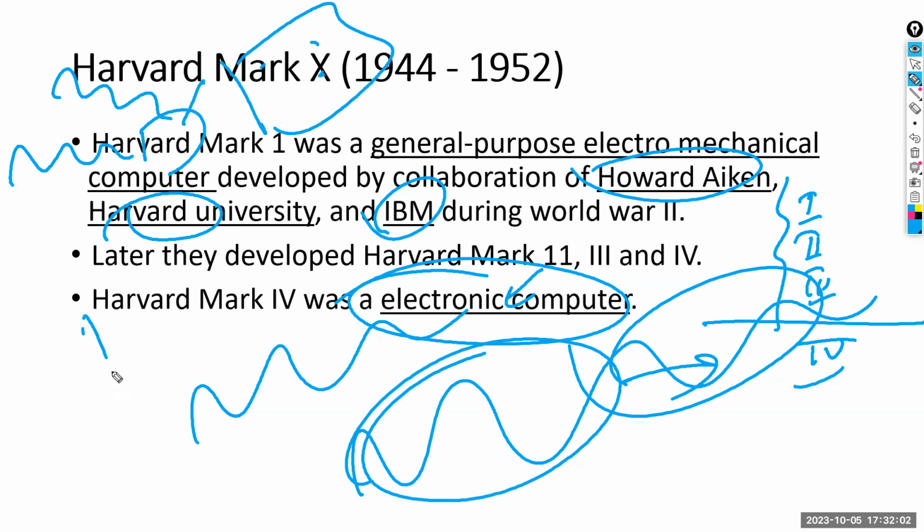And what you get into your computer is signals, which are converted to text, audio, video, image. So Harvard Mark 4 converted from electrical to electronic. In the background, engineers and scientists developed electronic devices. Remember, the light bulb is an electrical device, but radio and television were electronic devices. And parallelly, the computer also became an electronic device. That is what happened. Okay.